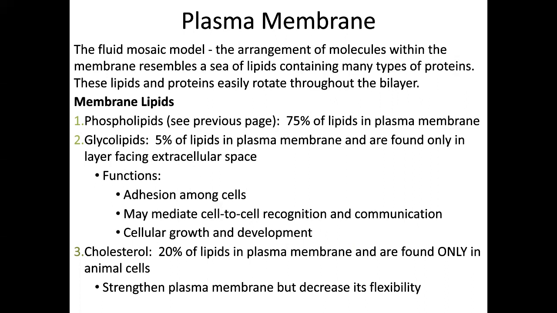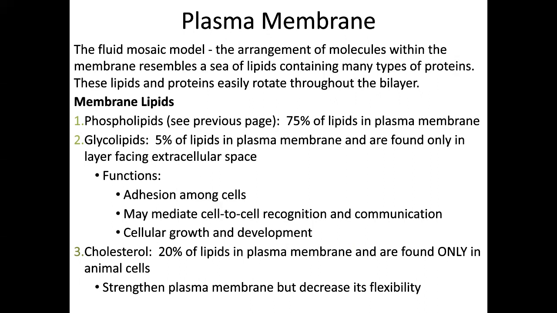It's very dynamic, it's very fluid. In fact, the arrangement of those fats and proteins and carbohydrates can be described using what's called the fluid mosaic model, which basically means that things are floating around and easily rotating throughout the bilayer. Okay, so it's not a rigid structure, it's fluid, it's dynamic. Okay.